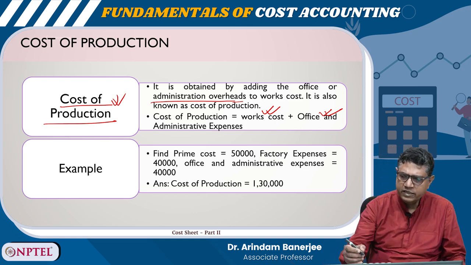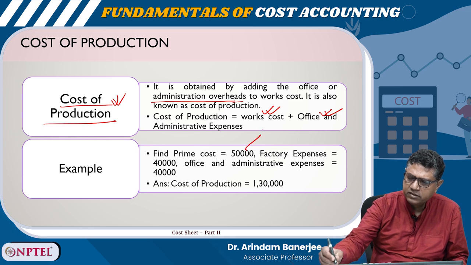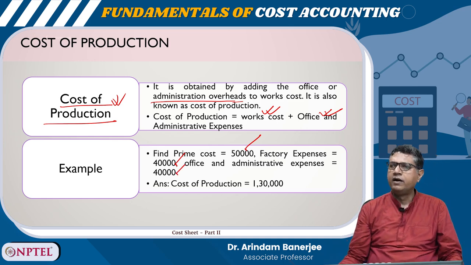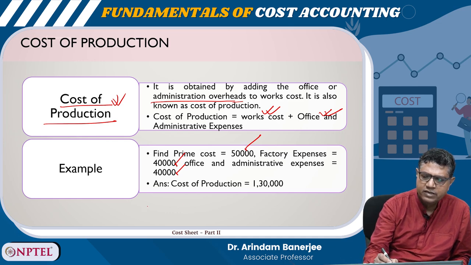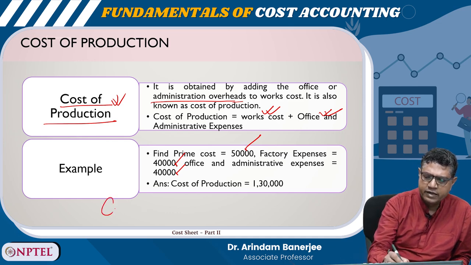Now, prime cost is equal to 50,000, factory expenses is equal to 40,000, office and administrative expenses is equal to 40,000. I need to calculate the cost of production.